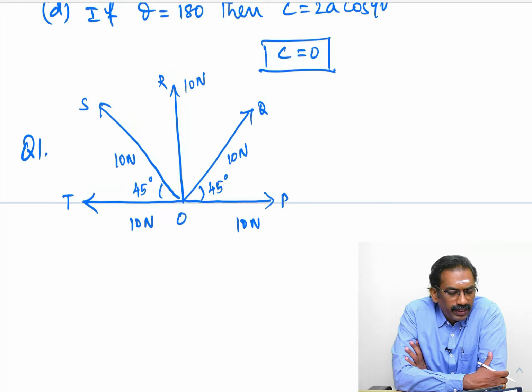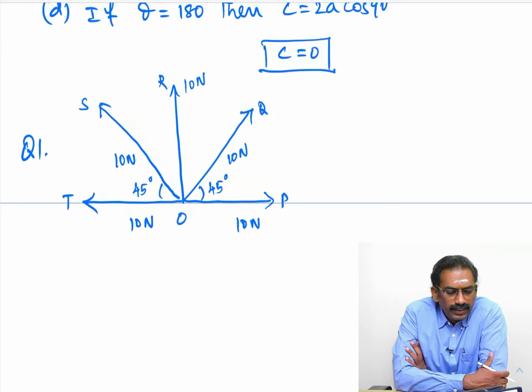Angle between T and S vector 45 degree. T and R 90 degree. All are equal magnitudes, directions are different. We have to get a resultant of all the five vectors.